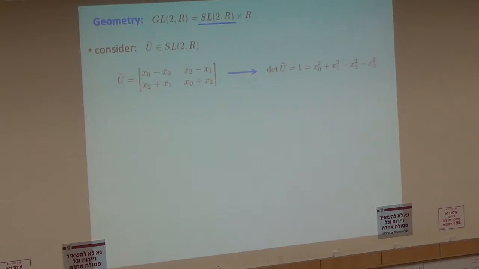An interesting way to write an SL2 matrix is to parameterize it as I did there, because then the constraint that you're imposing is that the determinant of that matrix should be equal to 1, which reduces to this equation, which for readers of the hep-th bulletin board is familiar, because that's an equation that defines AdS3. And so there's an interesting hyperbolic geometry that suddenly jumps out at us.